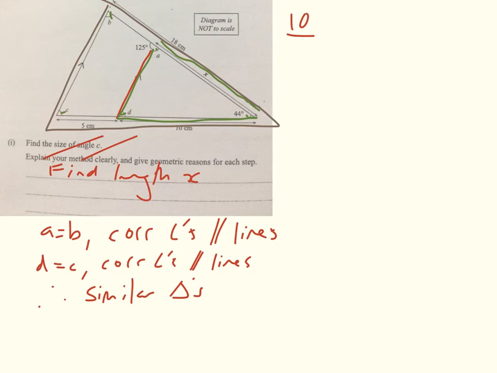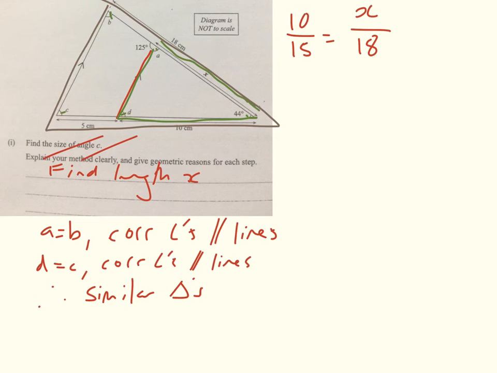How long is the long triangle? 15, because it's 5 plus 10, so it's 10 over 15. And then we make it equal to the same process for that side there. So what goes on top, Caden? X. For the small green triangle it's x, and for the bottom one it'll be 18.